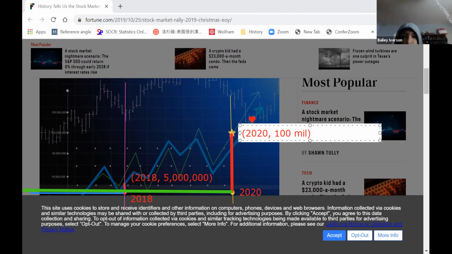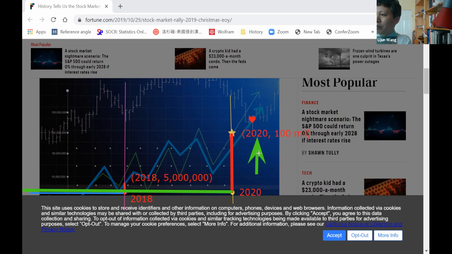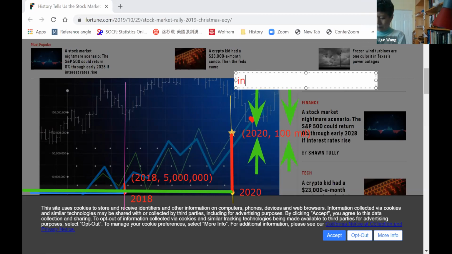So what are points? This number is the input and this other number is the output. So I'm going to mark it here, and that other number is the output.